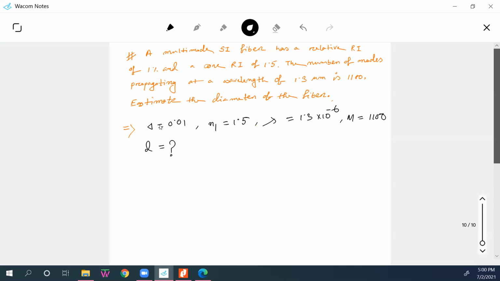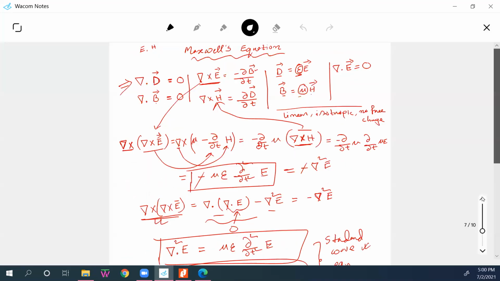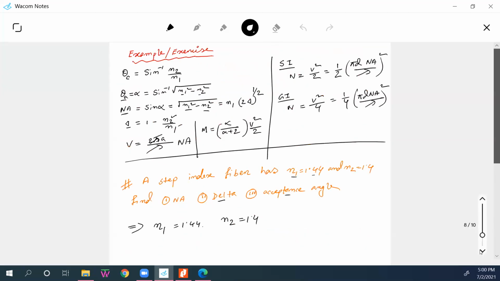This is a step index fiber, right? So M equal to V squared by 2. Remember we had this formula for step index, M equal to V squared by 2, and V given by this formula.